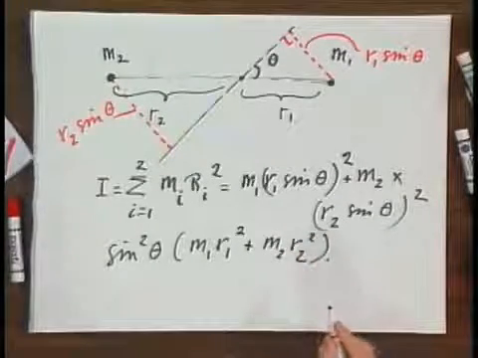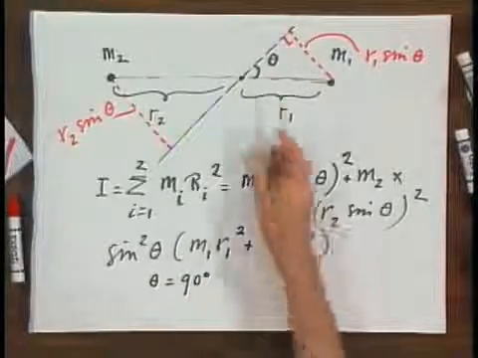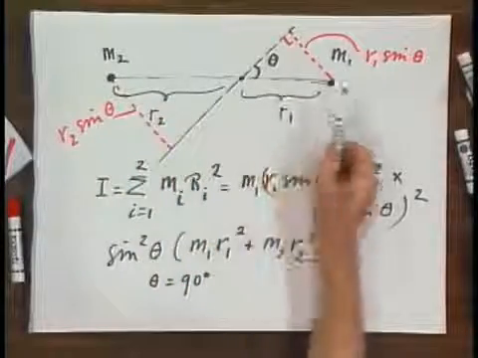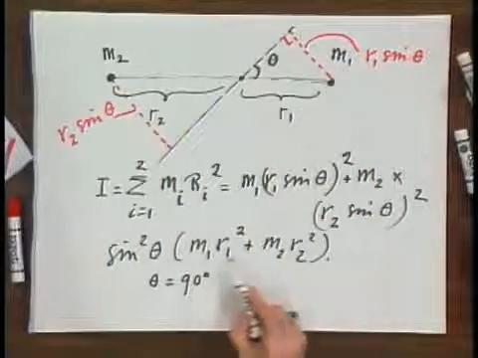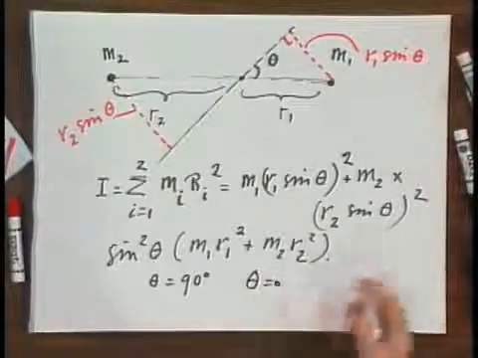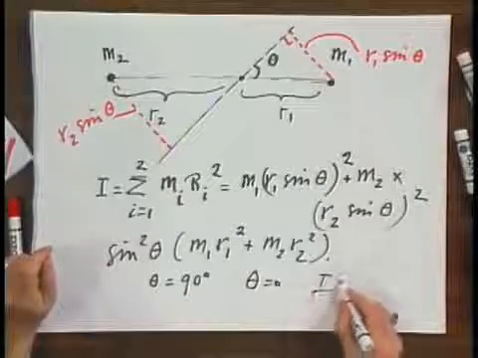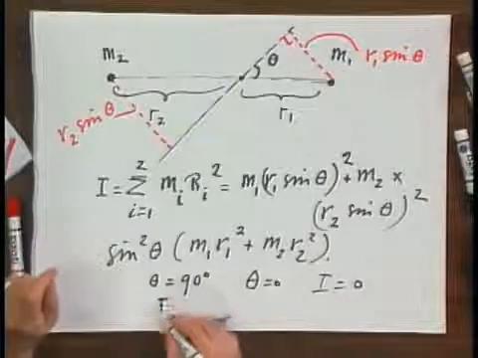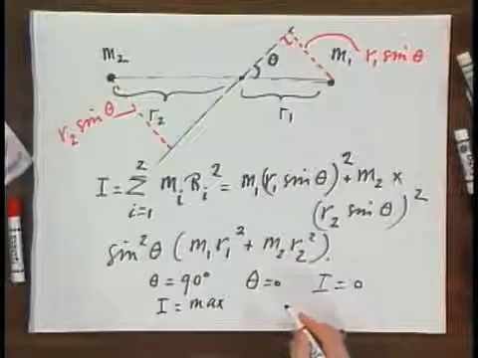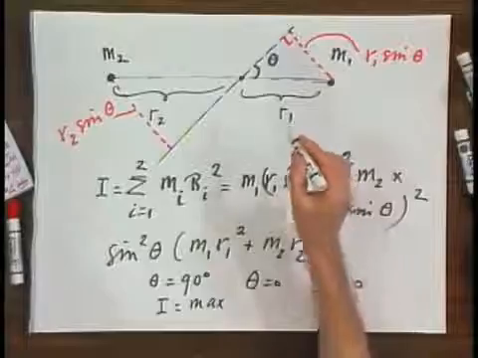And you can see immediately that when theta equals 90 degrees, that means when the axis is perpendicular to the line that connects them, then you have a maximum. We already derived that. But when theta equals 0, when the axis is like this, then the moment of inertia equals 0. And here the moment of inertia is the maximum value possible. So it very much depends on the geometry.